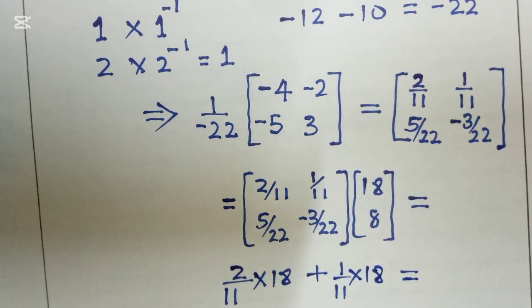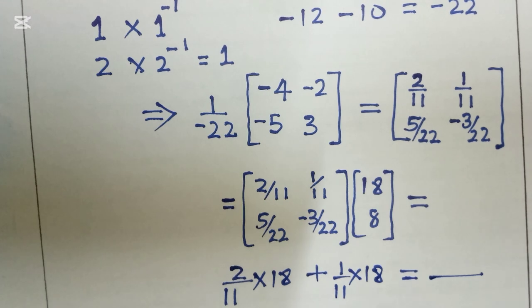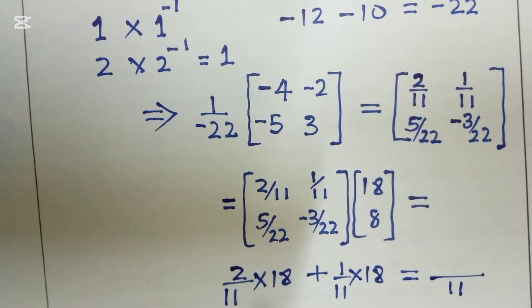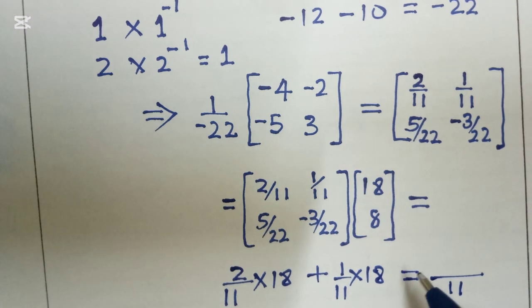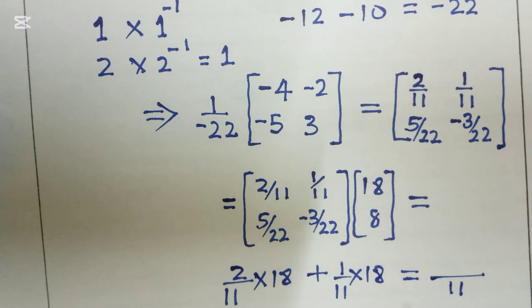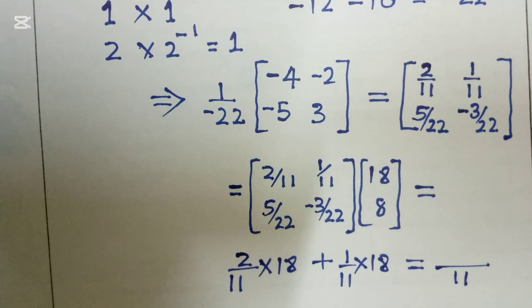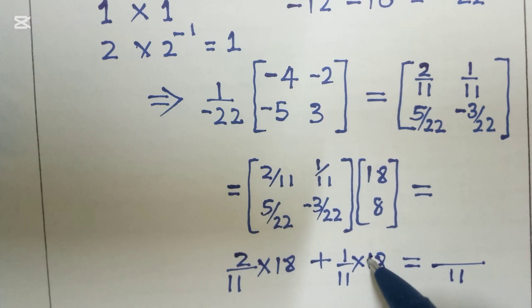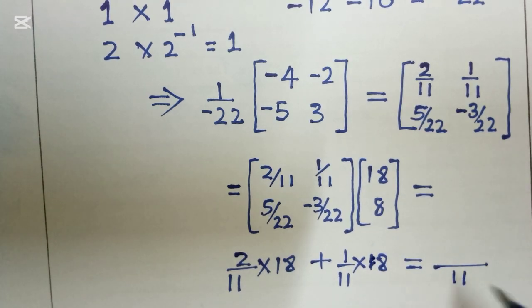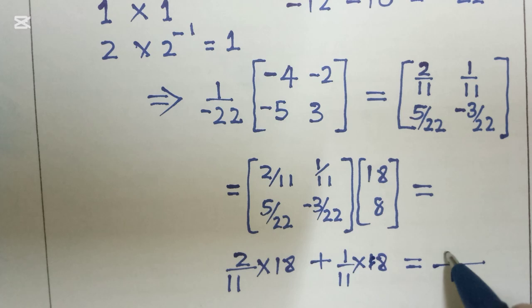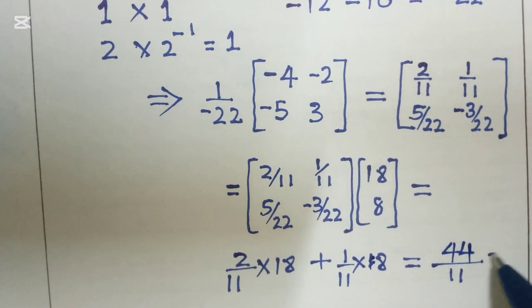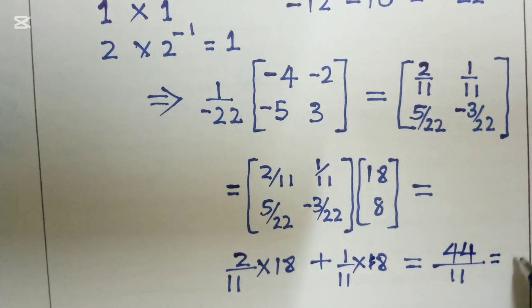If we add that, our denominator is 11. Our numerator here, we have 36 plus 8, which is now 44. So guys, we get our solution. X now is going to be 4.